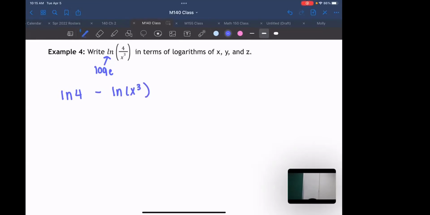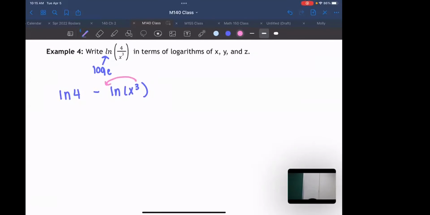Okay. What's the last thing we can do here? Exponent, right? We can move that cube to the front, right? So this would turn to ln of 4 minus 3 ln of x. Any questions on example 4?